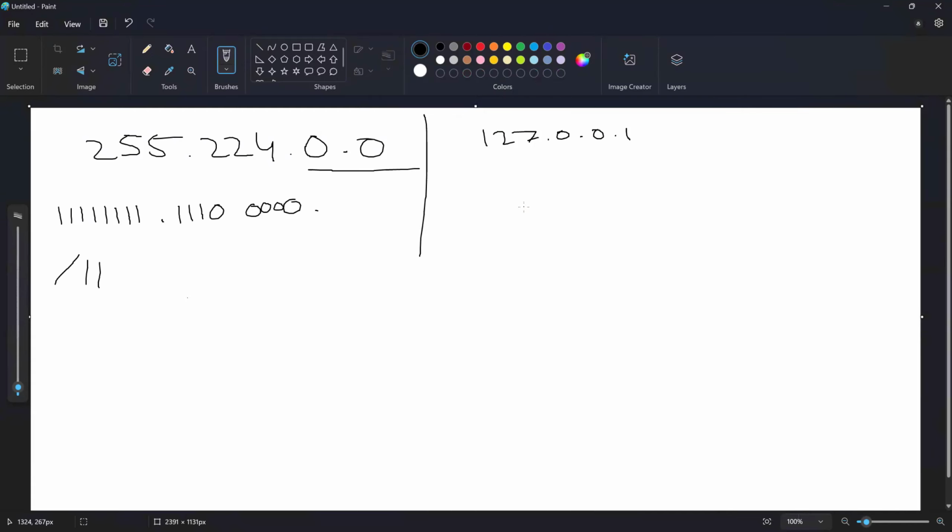So I convert 127 to binary. It's just 7 ones: 0, 1, 2, 3, 4, 5, 6, 7.